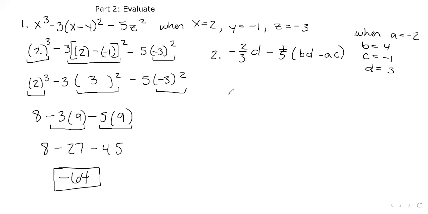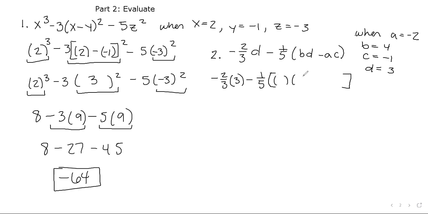Now, we're going to do the same thing we just did. We're going to plug everything in. So we're going to rewrite it, and I'm going to plug in 3, 4, D. Okay? I'm going to keep writing it. Now, if doing it this way is difficult for you, I recommend that you rewrite the whole thing and then plug it in, okay?